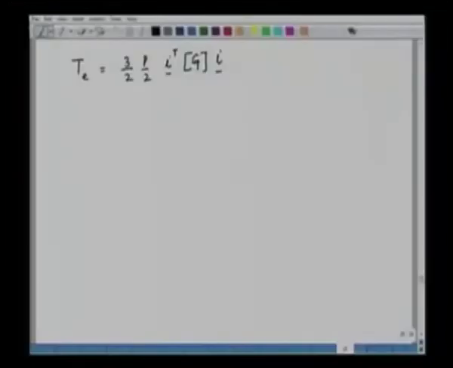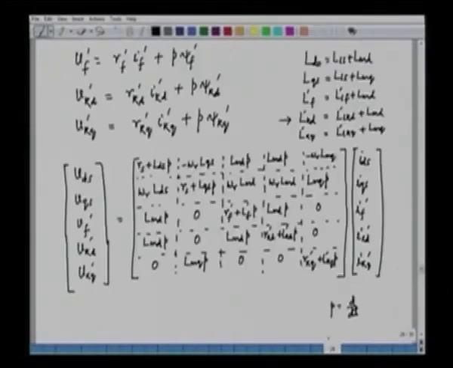So let us see what this G matrix is. We can find out this G matrix from the previous expression. From this we can find out the G matrix, and the G matrix will have these elements, the speed terms. All the speed terms will give us the G matrix.